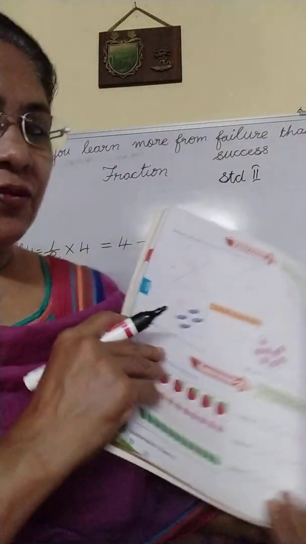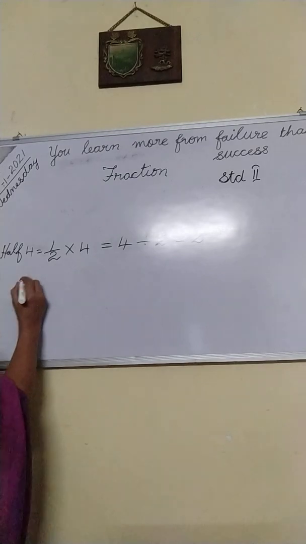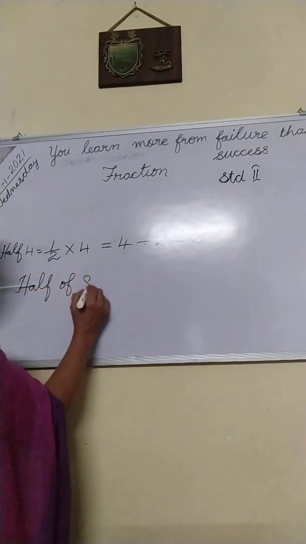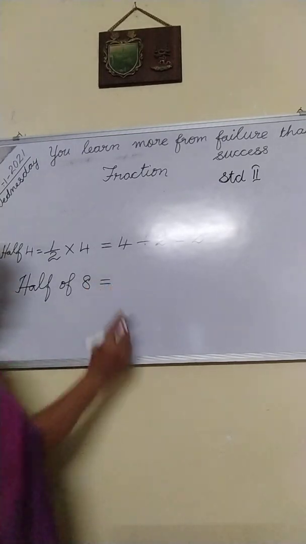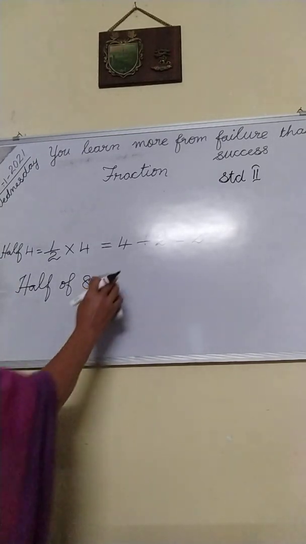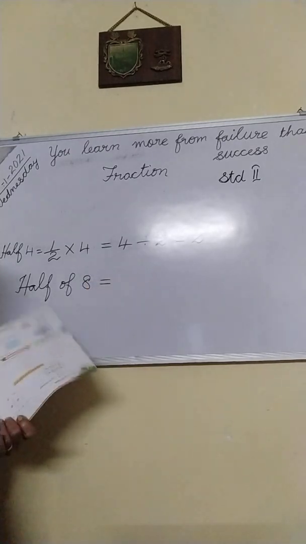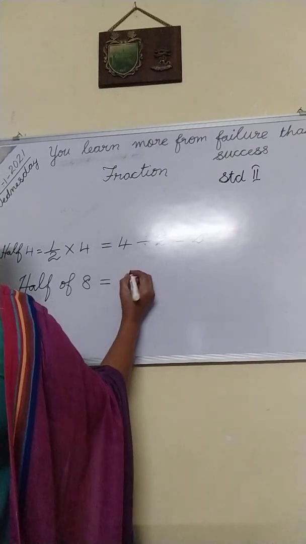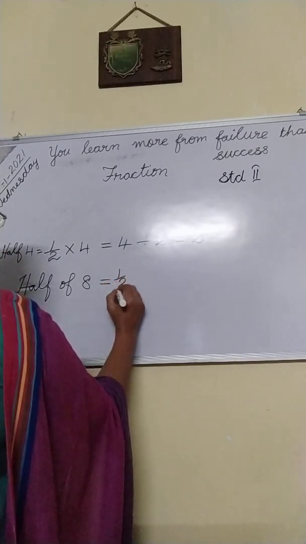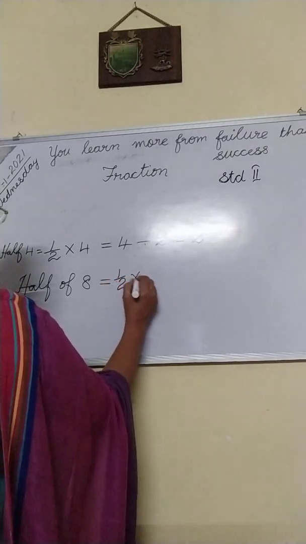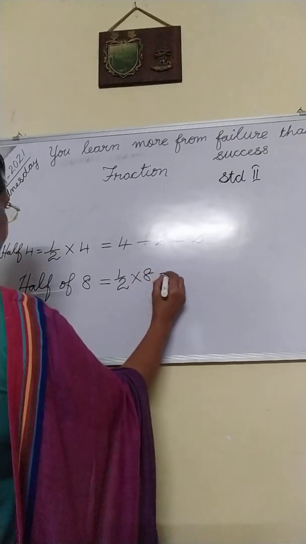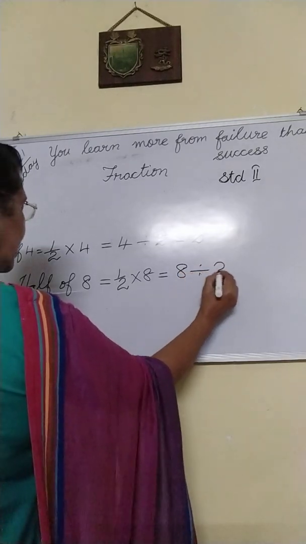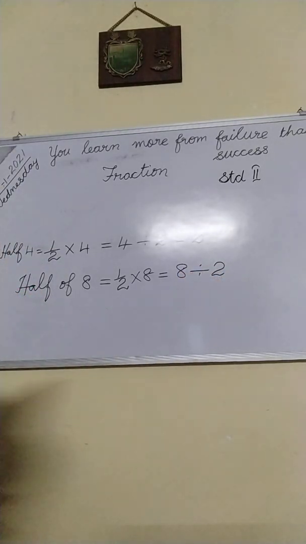Same way, half of 8. Now look here. Half of 8 is equal to half into 8, which is 8 divided by 2.